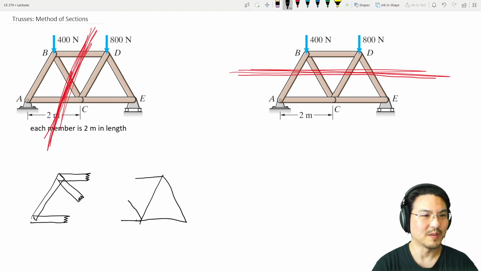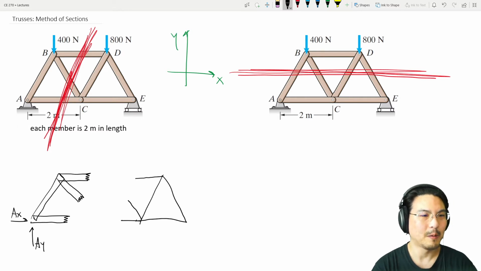So for example, the section on the left, if I pick coordinates, let's say I'll pick coordinates like this. Then there's a pin at A, which I'll decompose into the components of that reaction. And then now there's this axial force in member AC.